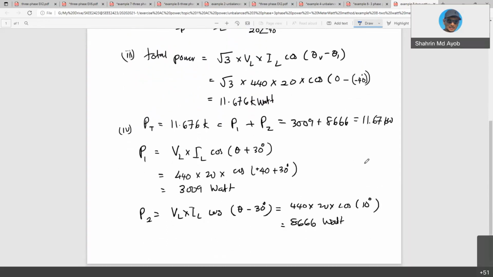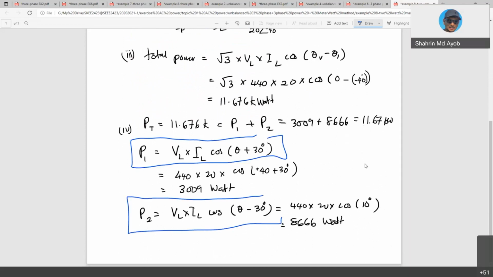P1 has this equation, and P2 has this equation. It's quite long to discuss here because it involves the phases and so on, so if you are interested, I have explained it in the pre-recorded video.